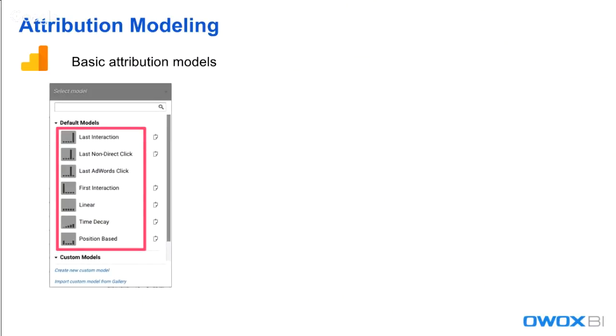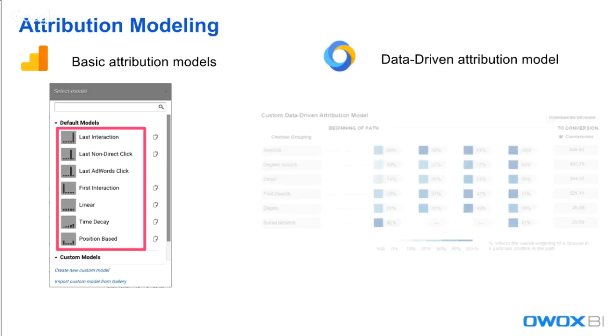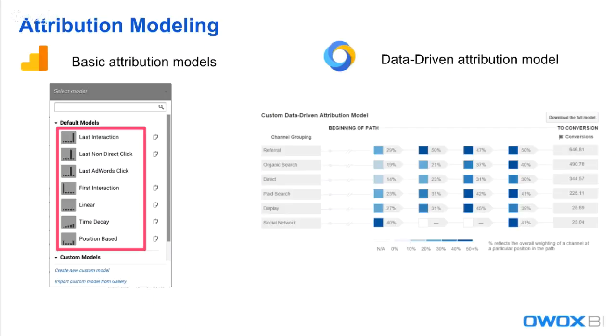Another thing in Google Analytics 360 is that the data-driven attribution model is available for you. This attribution model takes all the channels you have into consideration, including even impressions data from DoubleClick Campaign Manager. This model uses an algorithm that determines how much credit to give to each channel depending on its position in the conversion funnel.